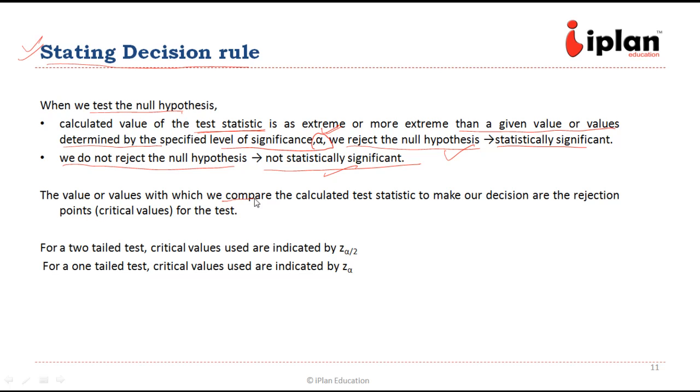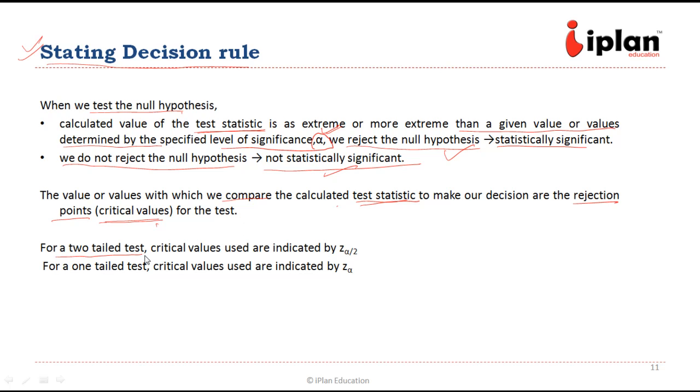So we calculate the test statistic, and then we make a comparison between the value of the test statistic and the critical values, which are also known as the rejection points. Based on the comparison between these two, we will reach the conclusion about the null hypothesis.